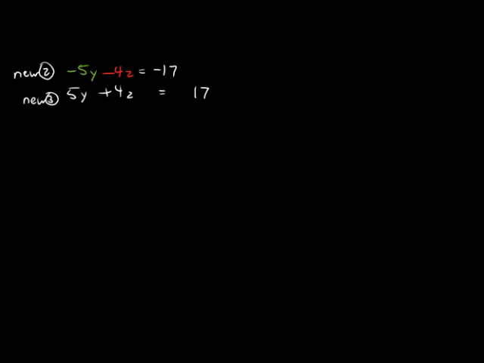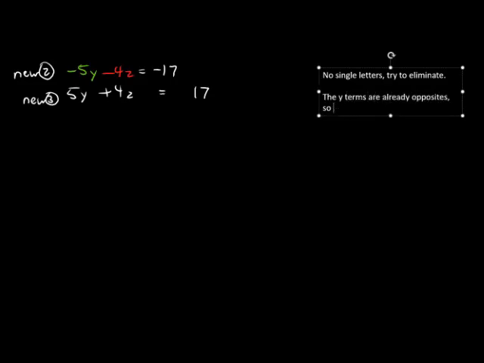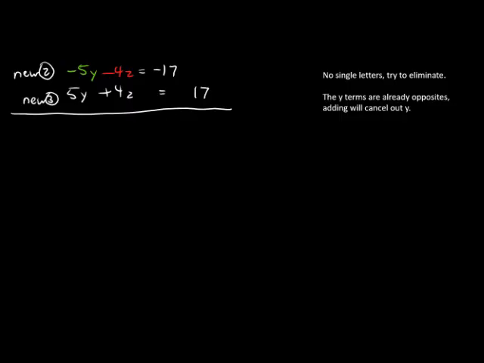In this new system, since we don't have any single letters, let's think about the elimination method. However, in this system, you may notice that the y terms are exact opposites. Line 2 has negative 5y, and line 3 has positive 5y. Because the y terms are already opposites, we can simply add the lines together and expect y to cancel. The negative 5y plus 5y will cancel out, and also the negative 4z and positive 4z will cancel as well.